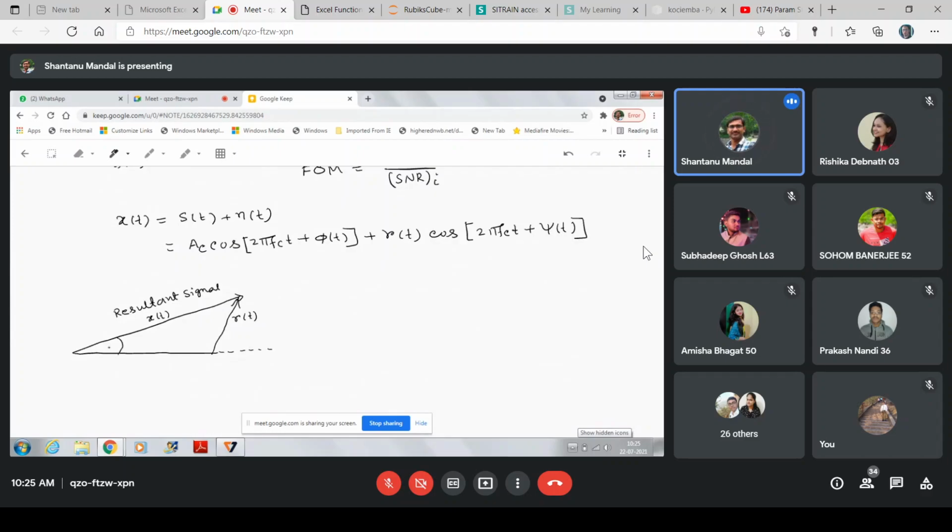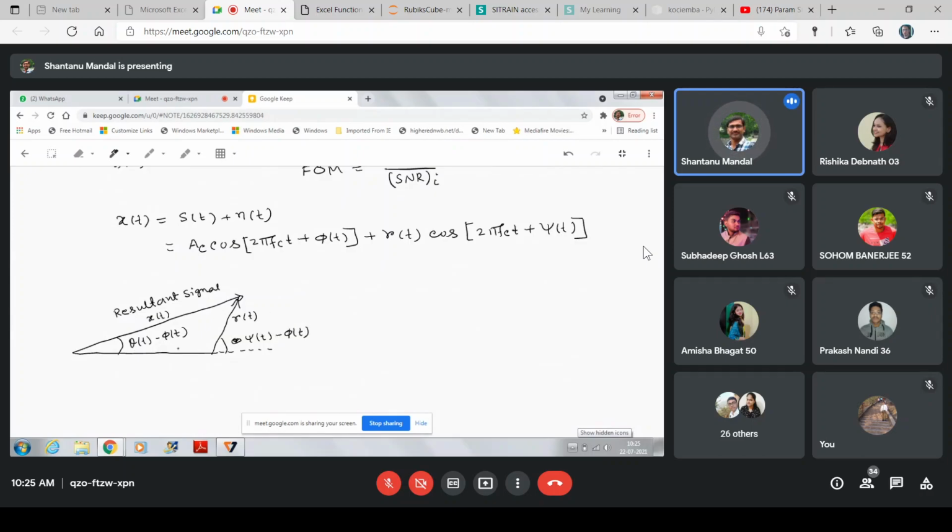This angle is theta(t) minus phi(t), and this is psi(t) minus phi(t).